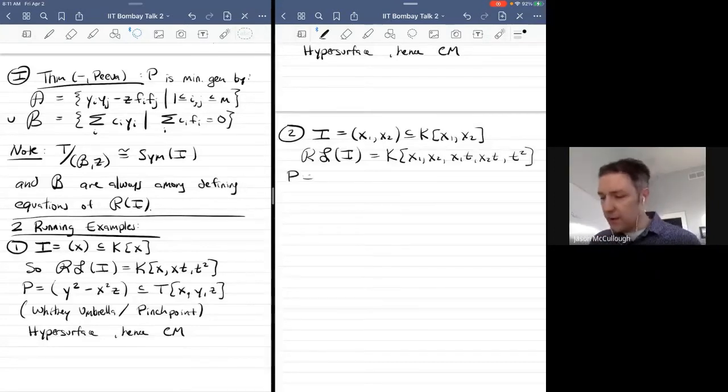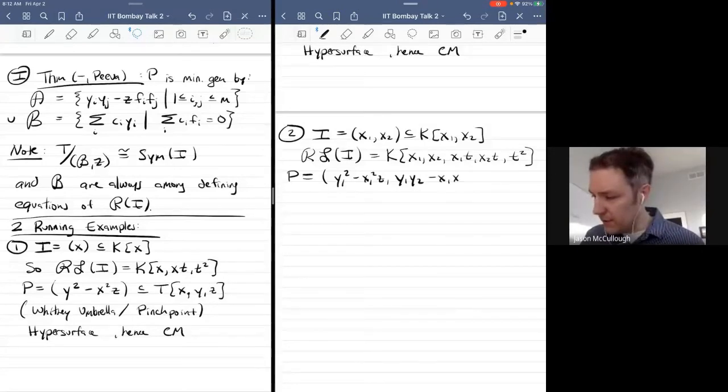So by the theorem, m here is 2. So I have the case i and j are both 1, i is 1, j is 2, and i and j are both 2. So there are going to be 3 generators of type script A, and they look like the following: y1 squared minus x1 squared z, y1y2 minus x1x2z, y2 squared minus x2 squared z.